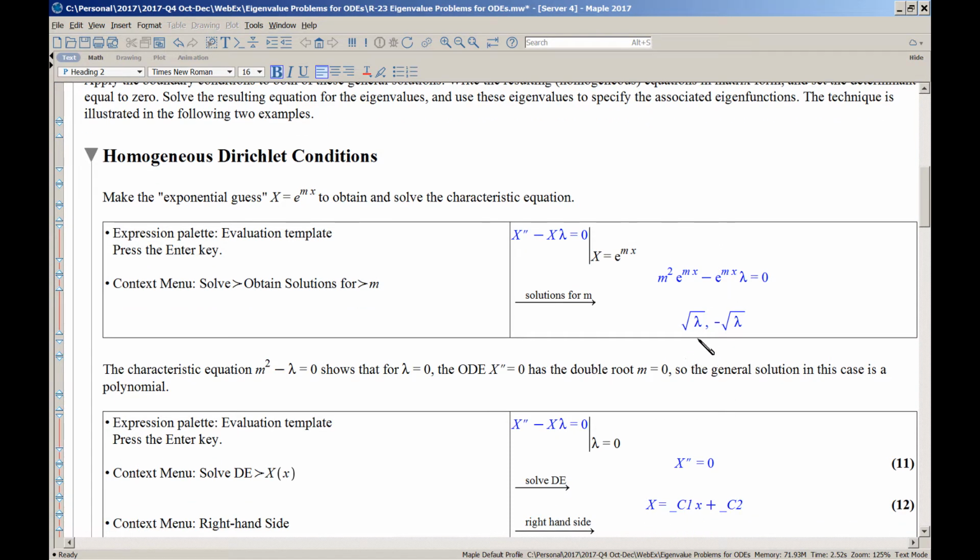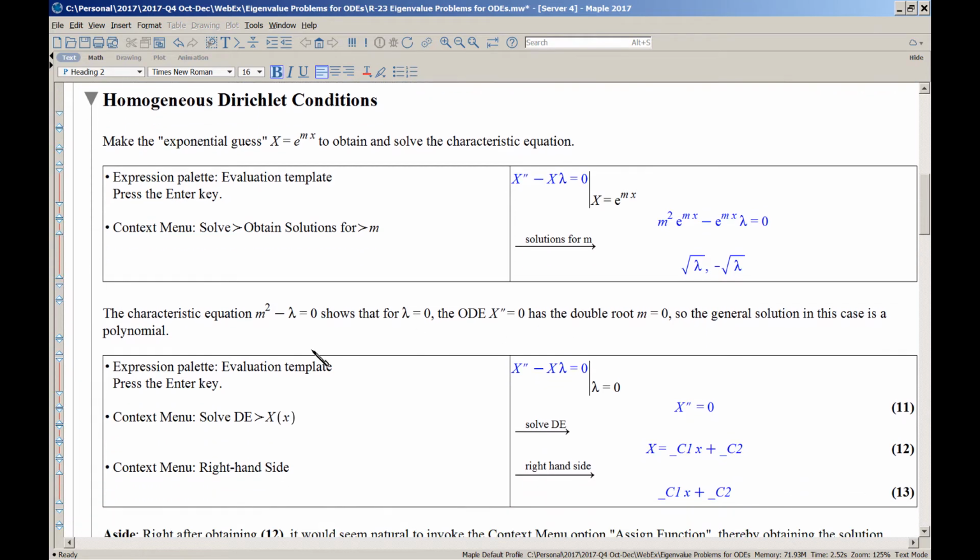Now that tells you that lambda equals 0 is a double root. That case has to be solved separately because there is no continuous transformation from the general solution to this special case.